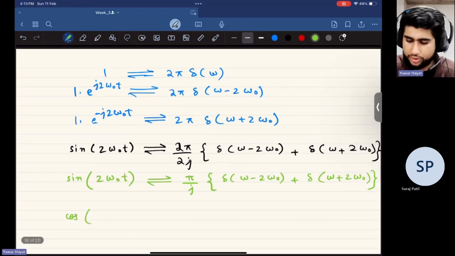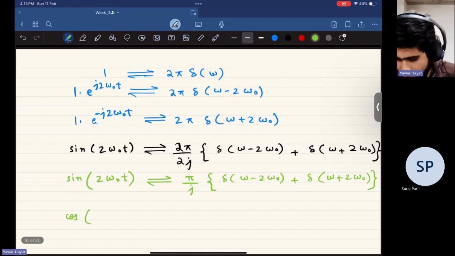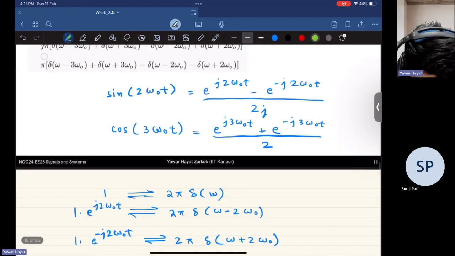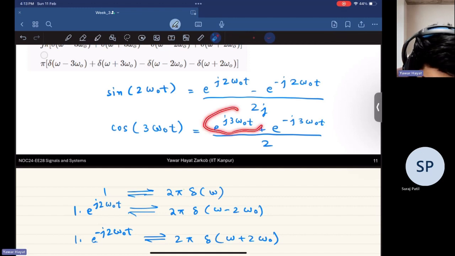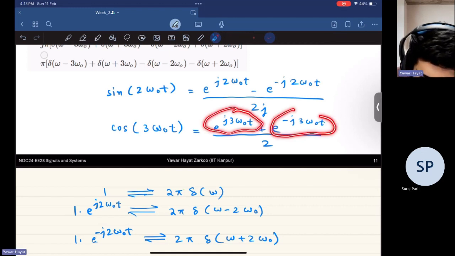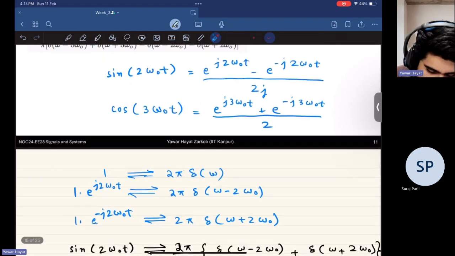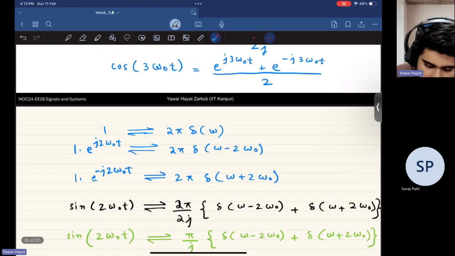So similarly, what you would do is express cos in this, right? We express cos. How would you get the Fourier transform of these? These are respectively the time domain representation of frequency shift by plus minus 3 omega naught t, right?